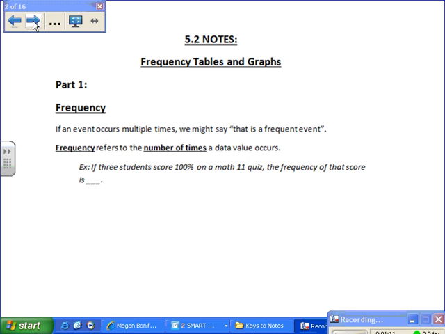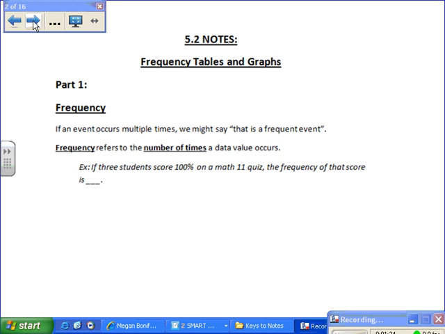And there's lots of things that we could say are frequent. For example, if in the month of November we got 4 really big rainstorms, we might say, "Oh, that's pretty frequent. We've had 3 or 4 big rainstorms in a month." Okay. So the word frequency then refers to how many times something happens.